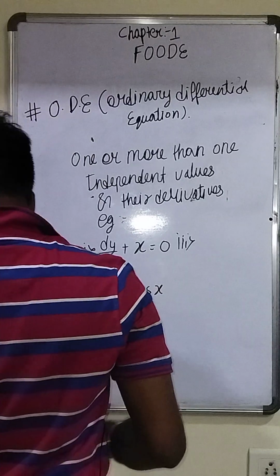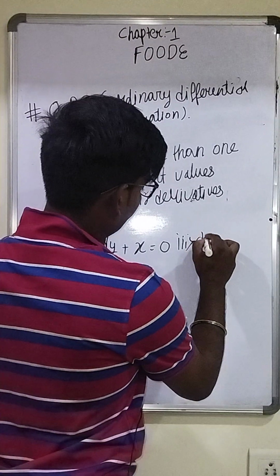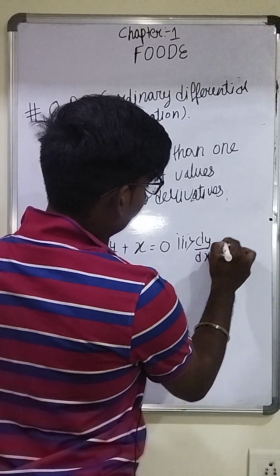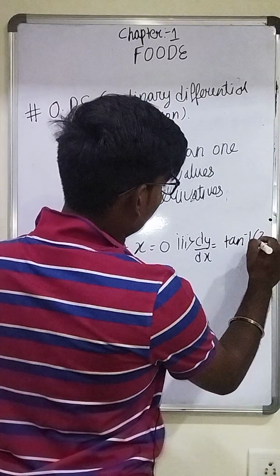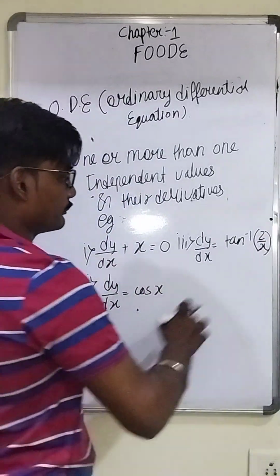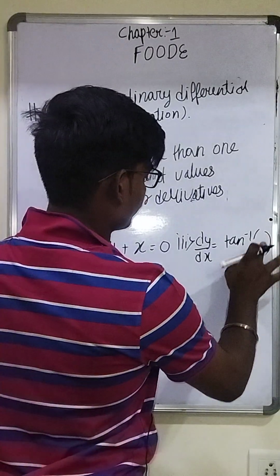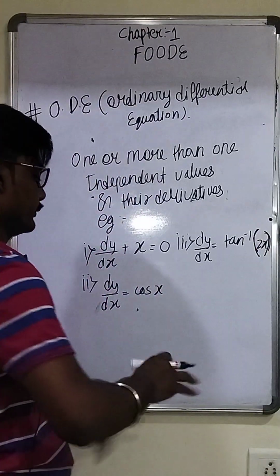Next is dy by dx equal to tan inverse 2x.